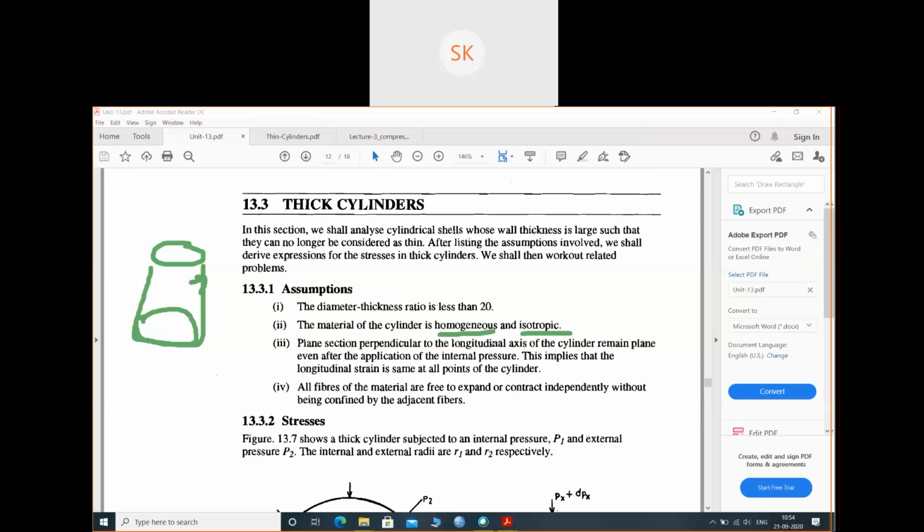Plane sections perpendicular to the longitudinal axis of the cylinder remain plane even after application of internal pressure. This implies that the longitudinal strain is the same at all points of the cylinder.